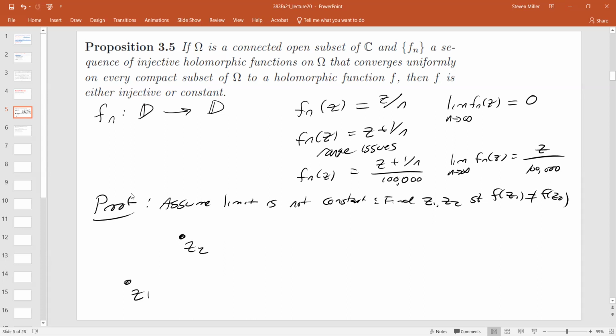And so we have 2 points that are well separated. And we can let, let's say, Gn of z be Fn of z minus Fn of z1. And then G of z will be F of z minus F of z1.